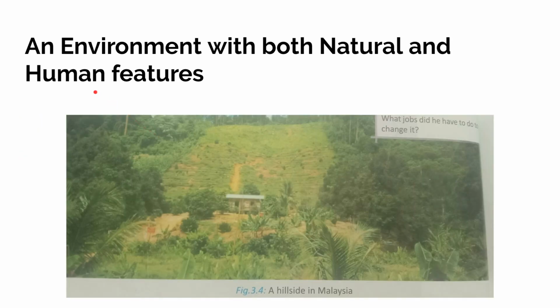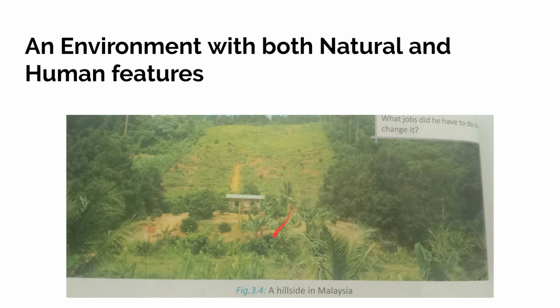Now, an environment with both natural and human features. You know that in our environment we have both the natural features and the human features. So this is an example of a picture where you can look at this forest. So this forest is a natural environment, right?